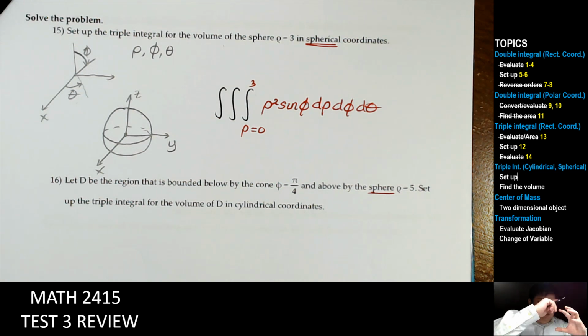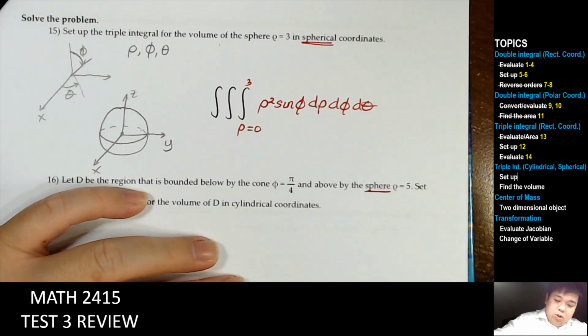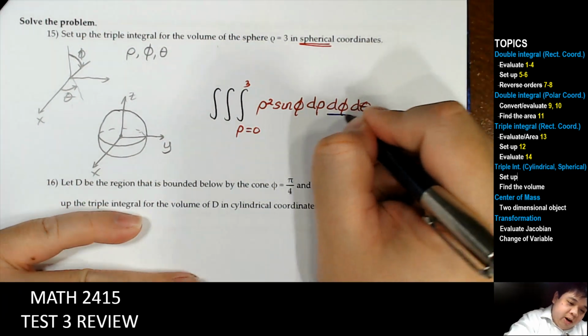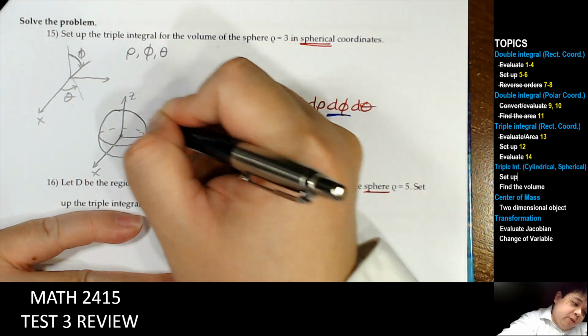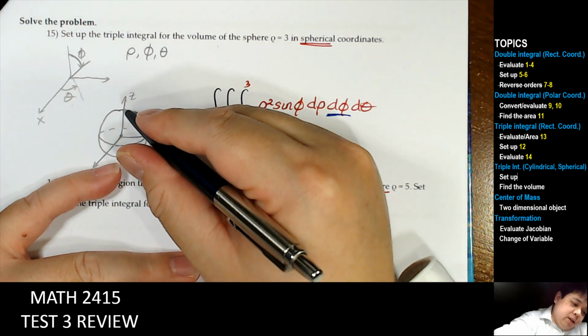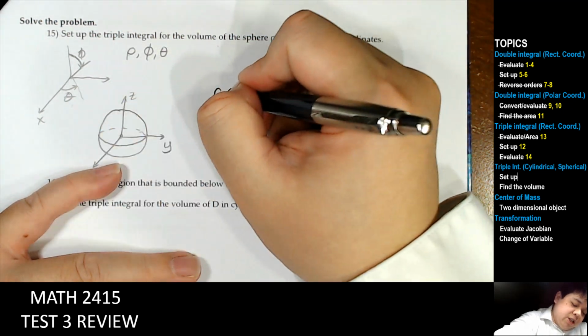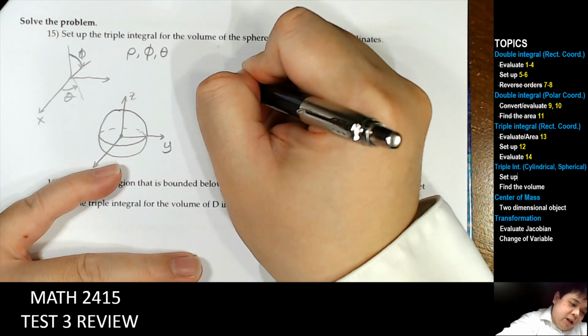That's actually the angle phi. So that of course is 180 degrees. On the top, the north pole is 0 and the south pole is 180, or pi. So for phi, we go from 0 at the top to the bottom, the south pole, pi.